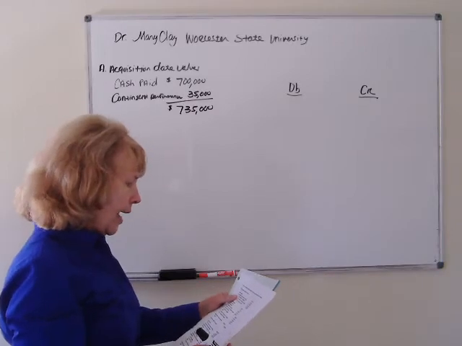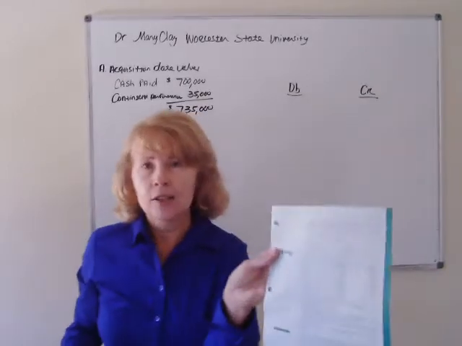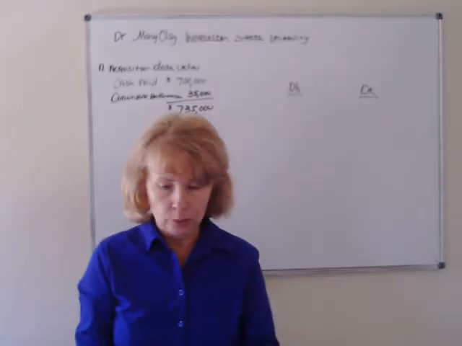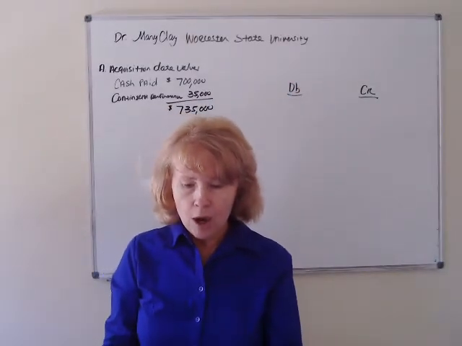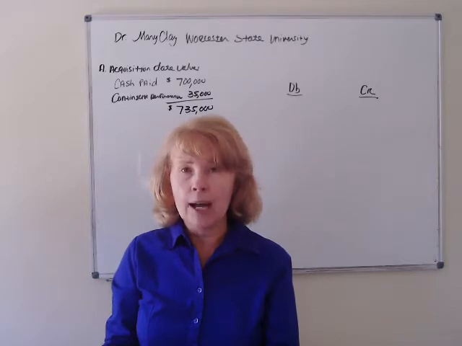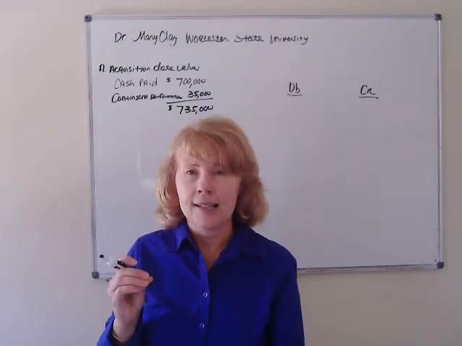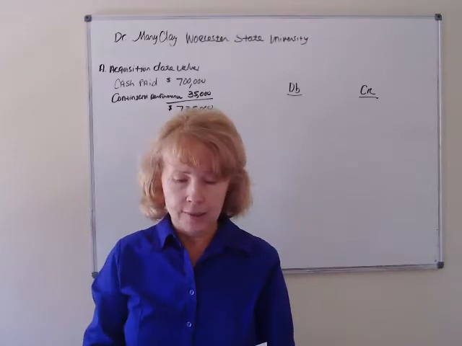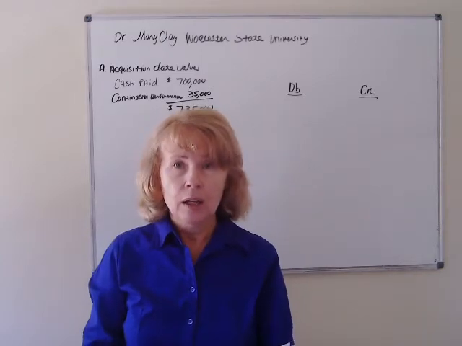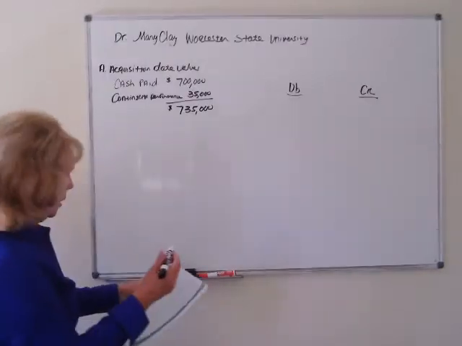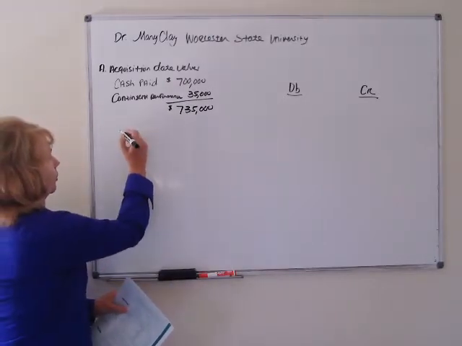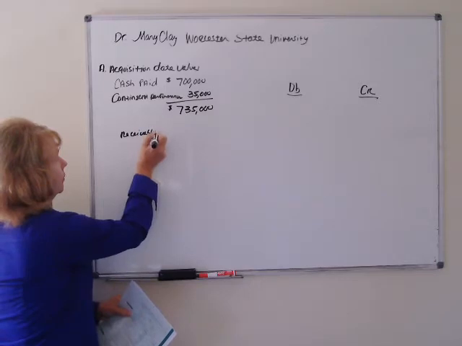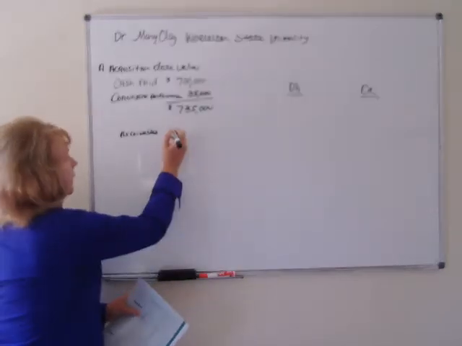All right, now let's go back to the problem. So here's what it looks like. All right, you're working from your book. What we're first going to figure out is the net assets. Remember, net assets are assets minus liabilities. All right, so let's first do that. So we're going to take the receivables, which is 90,000.